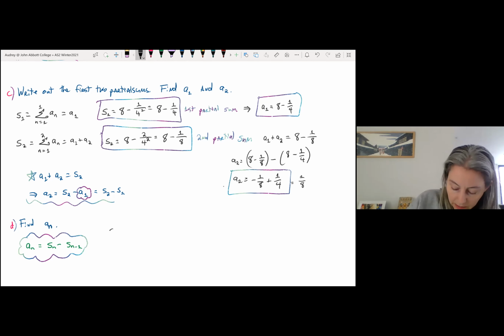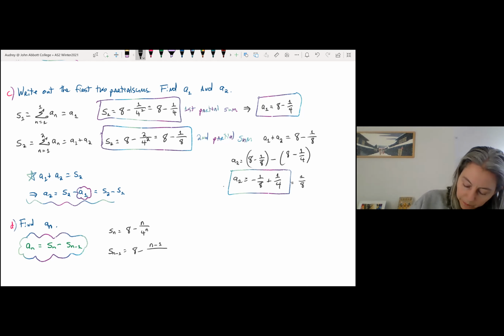So here my S sub n is 8 minus n over 4 to the n, which means that S sub n minus 1 is 8 minus n minus 1 over 4 to the n minus 1.